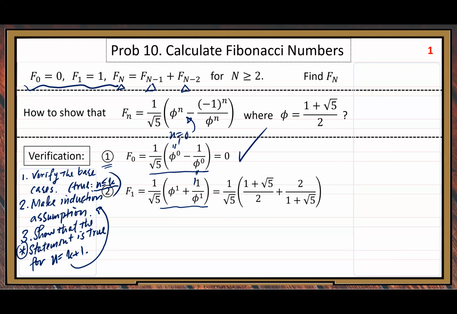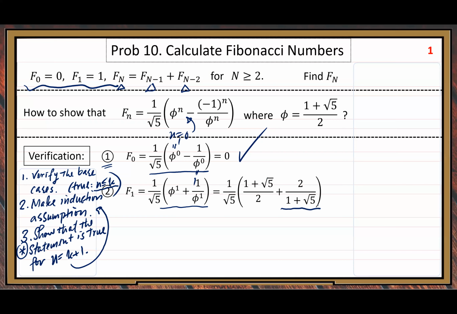Now we need to plug in the golden ratio number there. Then the reciprocal. But here the denominator looks a little complicated, so we want to change its form to make the denominator easier.